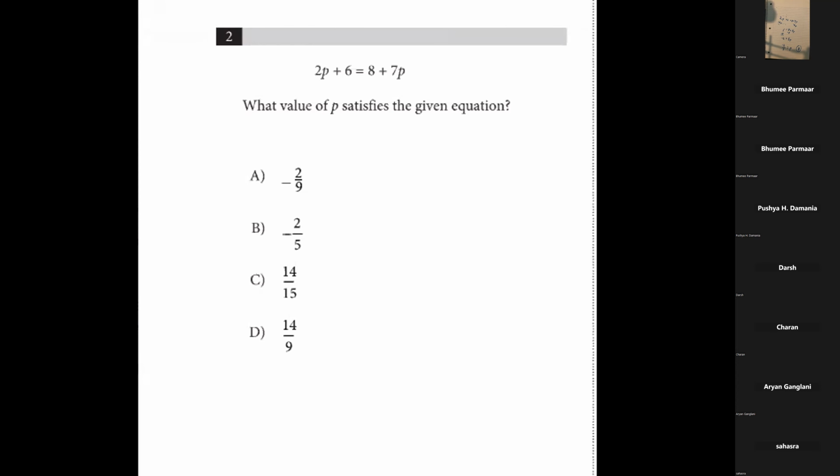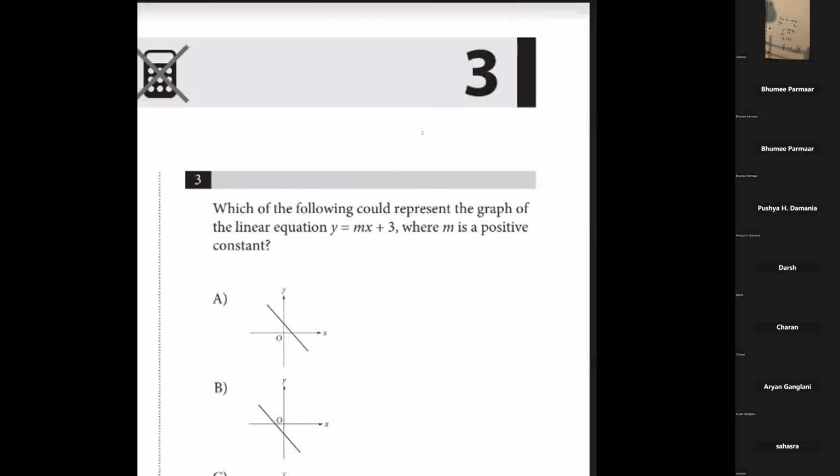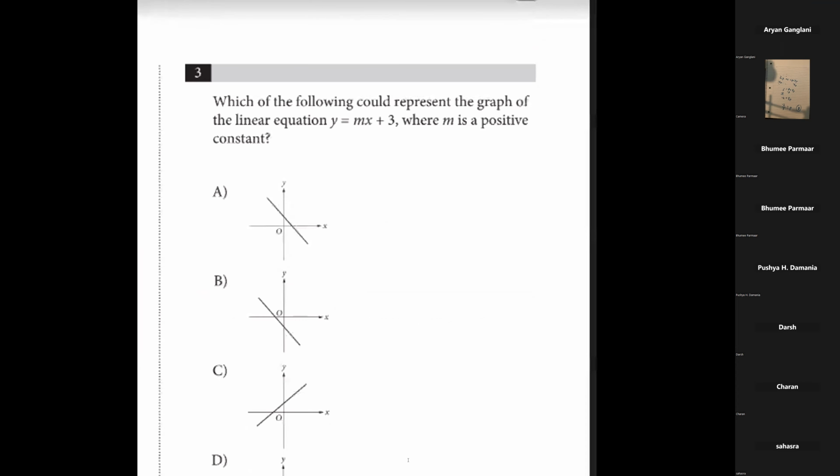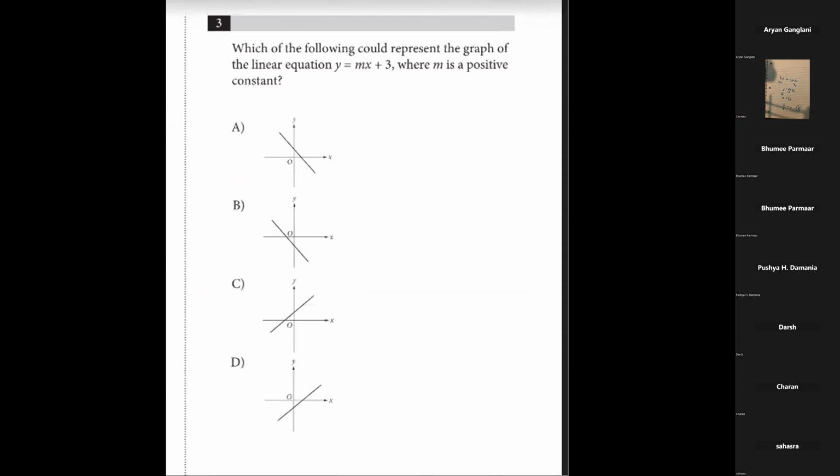The link is again in the chat. If anyone joined us later, the link is there in the chat. They can click on it and open the question. Okay, there's a question Aryan has. You can unmute yourself and ask the question, Aryan. I can't find the paper or the link to the questions. Can you see the chat over here?